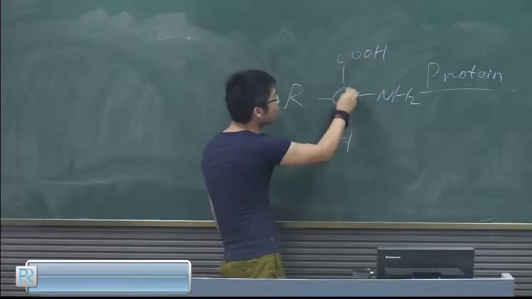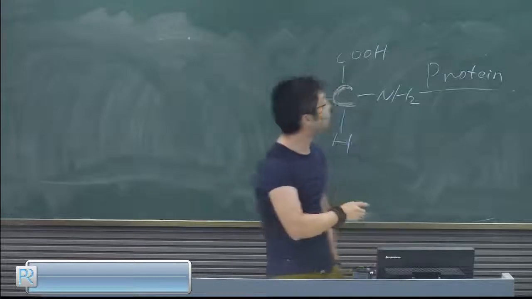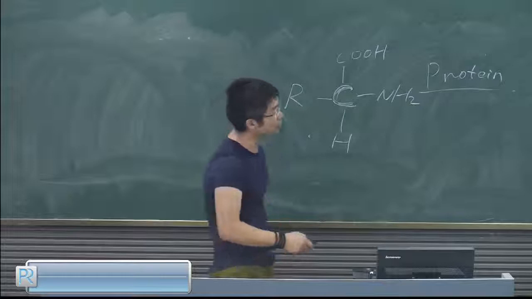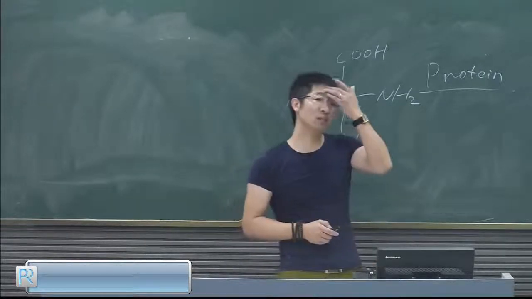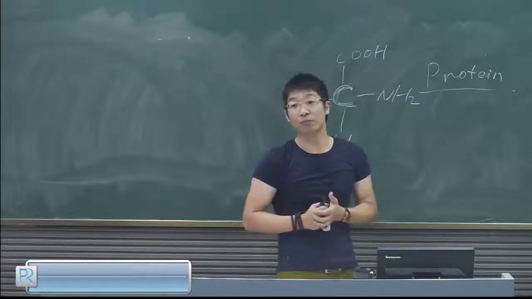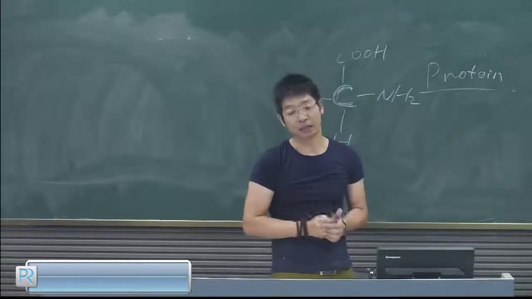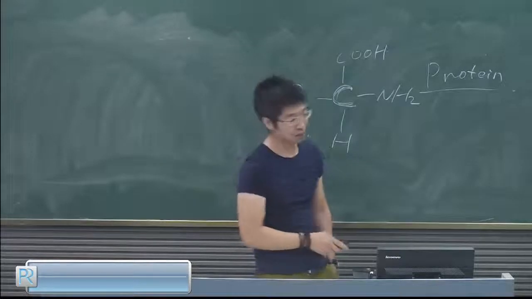So this alpha carbon atom is bonded to 4 different groups, so it forms enantiomers. In humans, all proteins are made of amino acids, right? How many? Yes, 20 standard amino acids.